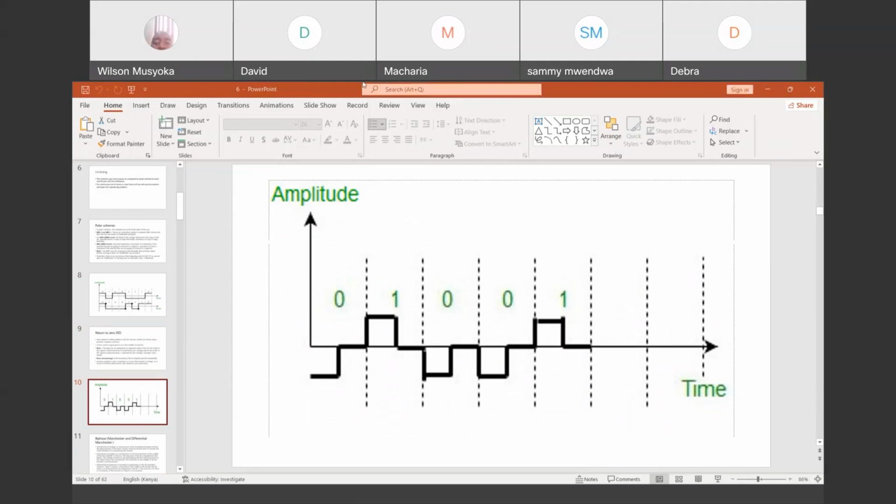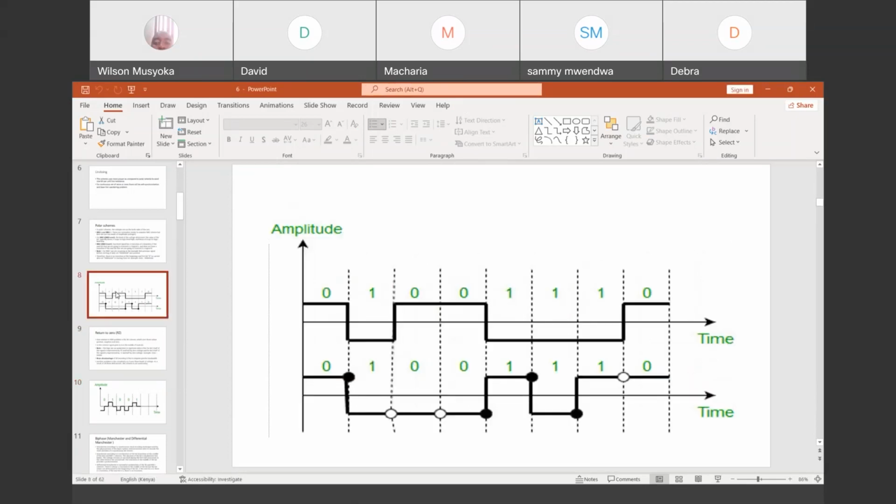Any question? My question would be about slide number 8. I didn't get very well the concept of now from 0, it maintains.